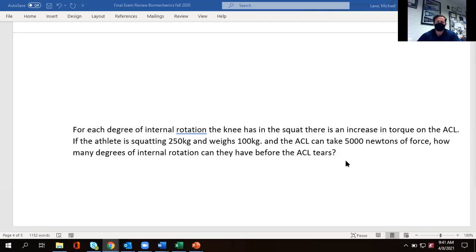Okay, so when in doubt, draw it out. If we're thinking about their legs when they're squatting, instead of their legs being straight down like this, we're thinking about their knees knocking in, internal rotation. Not a good position to be in when we're squatting really heavy weights above us.